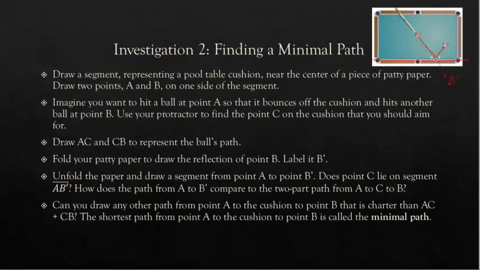And we'll see that C lies on that segment. And then we're going to compare the path from A to B prime to the two-part path from here to here. And we're going to see that the path all the way across is the same distance as the path as though we were going to B. So we're going to be finding that that is the minimal path. Let's see what that looks like as we draw it.